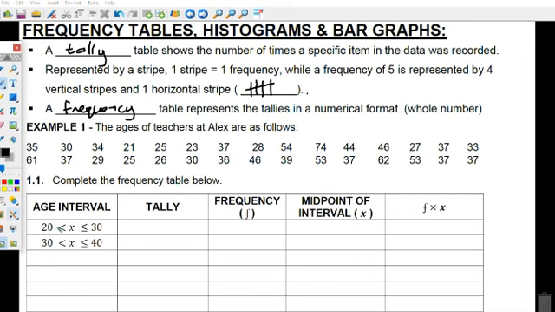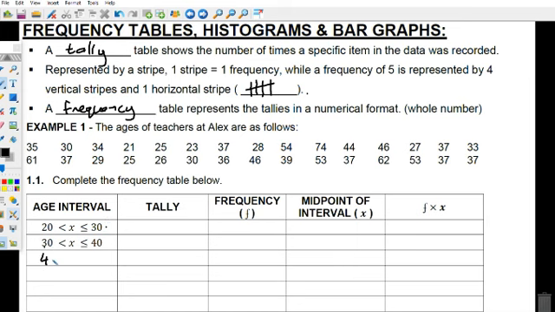So let's have a look here. The age intervals: ages of teachers at the school are as follows. We're going to finish the table, the age intervals first. So it says 20 less than x less than or equal to 30. And then 30 less than x, because if you're 30, you're going to be in the previous one.